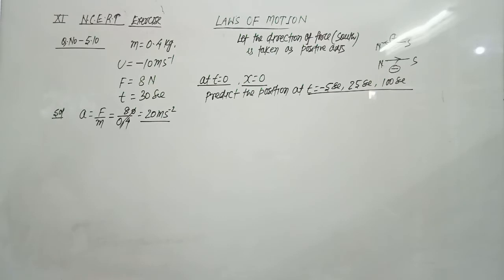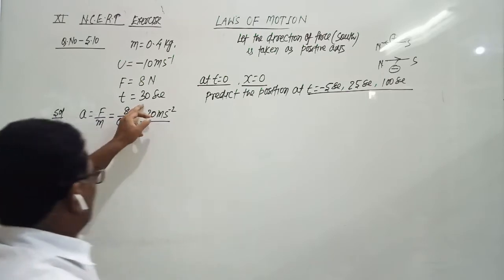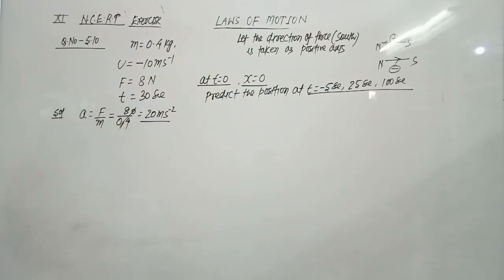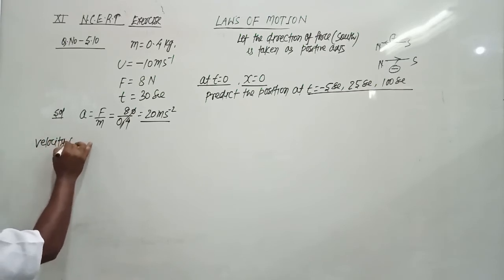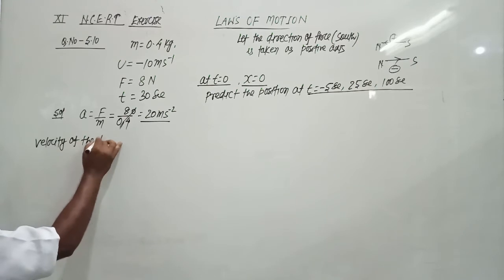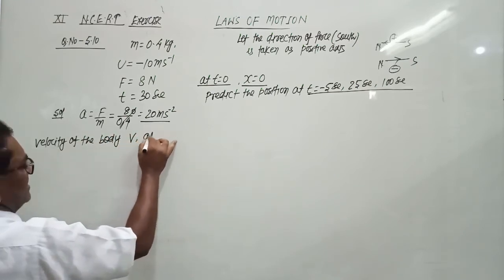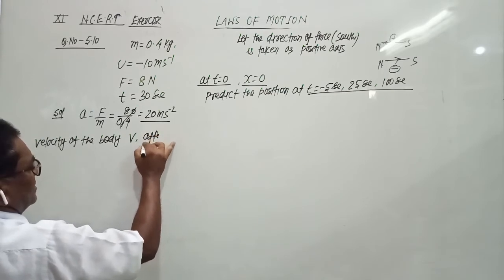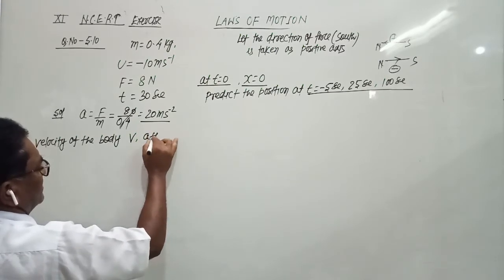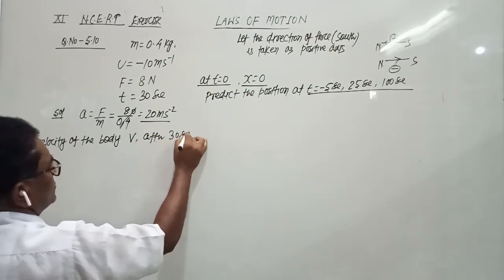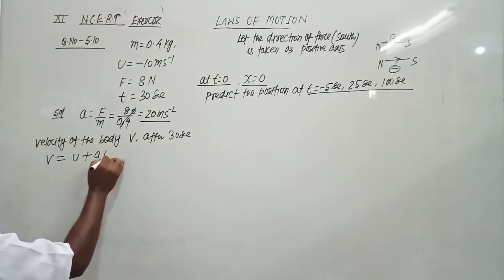Now we calculate the velocity of the body v after 30 seconds, using the formula v equals u plus at.